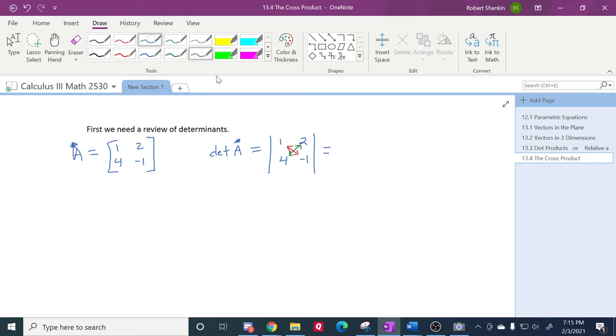So it will be 1 times negative 1, always subtract, and then these two multiplied together. Okay, and so what you get is a number for the determinant of a matrix.